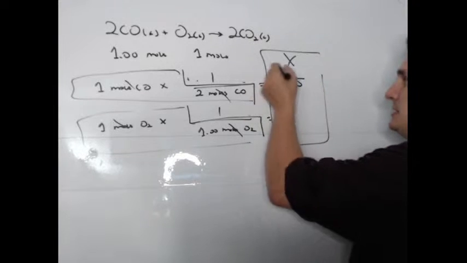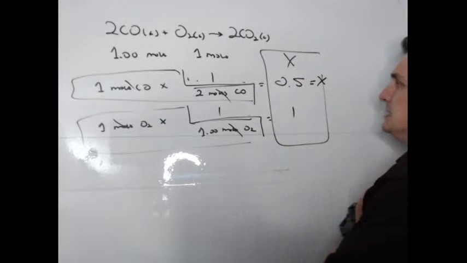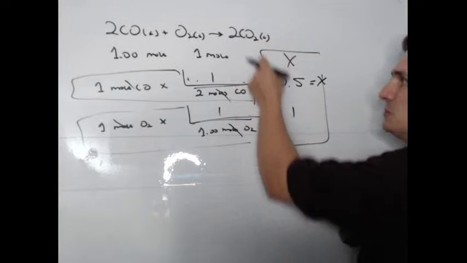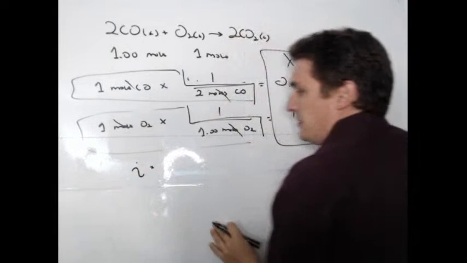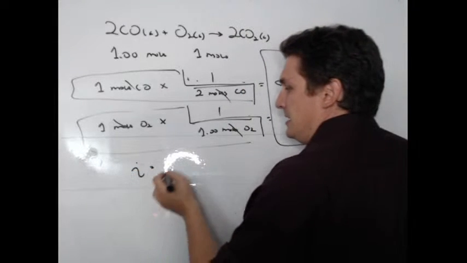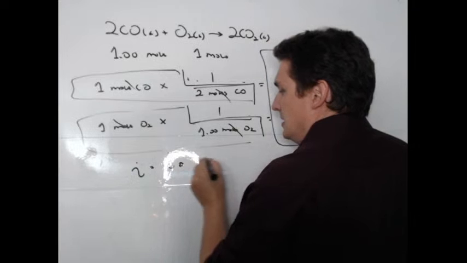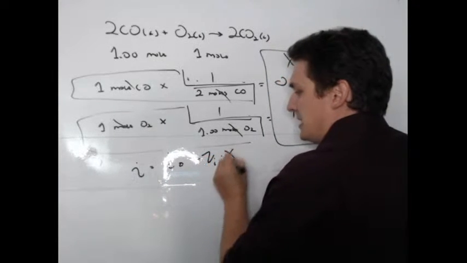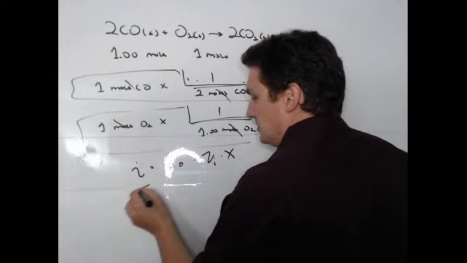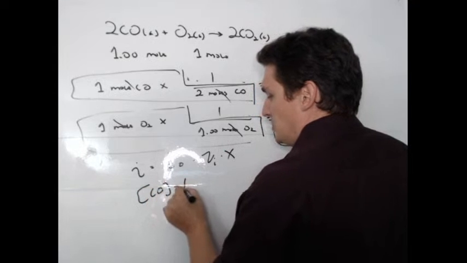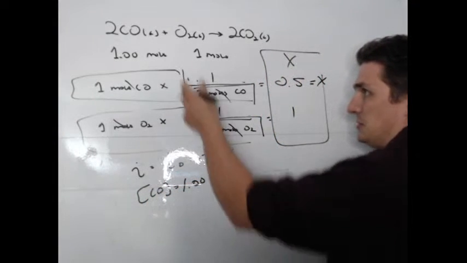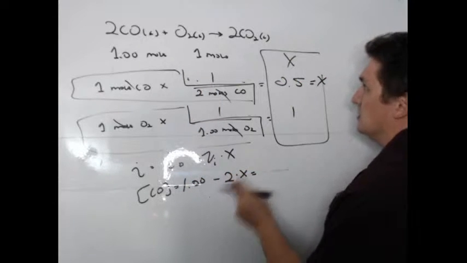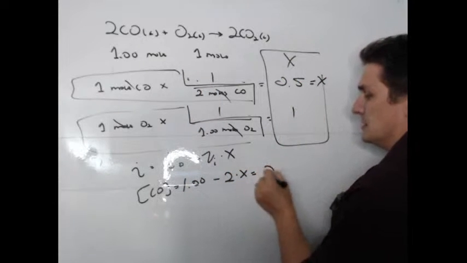And the power here is that now that we know that X is 0.5, we have the definition that the concentration or moles of anything is its starting concentration minus the coefficient times X. So for our CO, we start with 1 mole, its coefficient is 2, multiplied by X, 2 times 0.5 is 1, so that's 0.